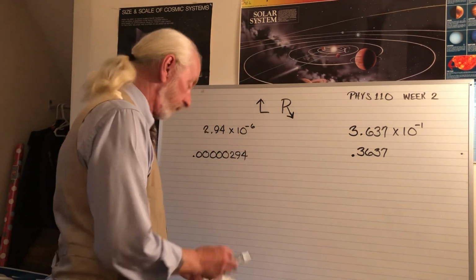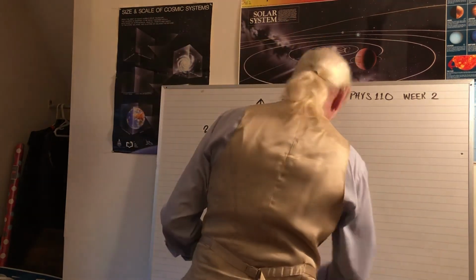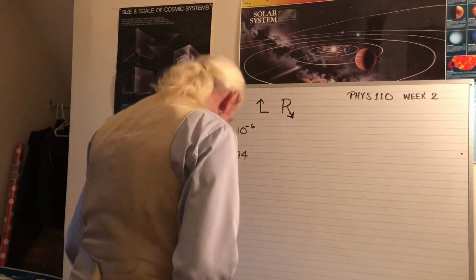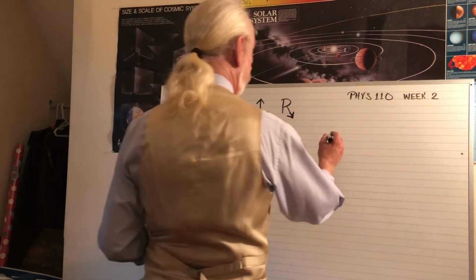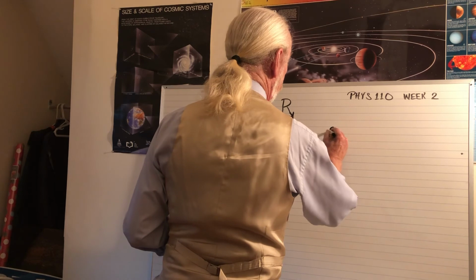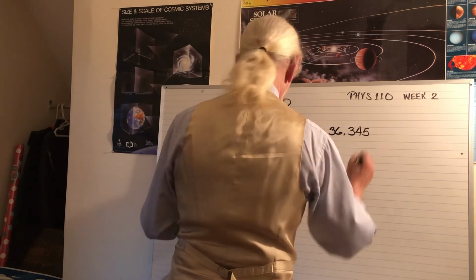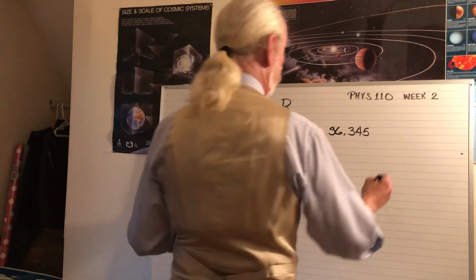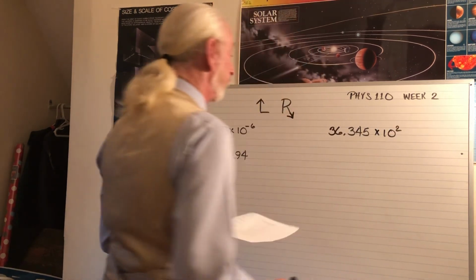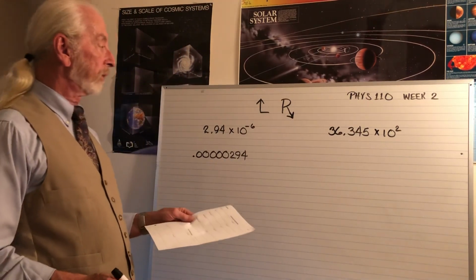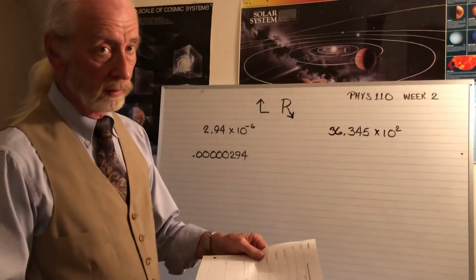And the last one. 36.345 times 10 to the second power. Okay, so I want to put it in standard notation, which is 10 to the 0.